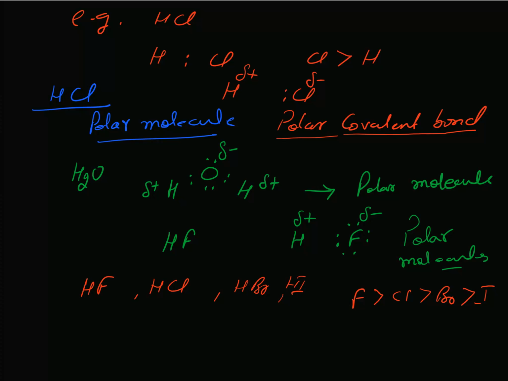The electronegativity of fluorine is 4.0, of chlorine 3.0, of bromine 2.8 and of iodine 2.5. So with a greater electronegativity difference, the polarity also increases accordingly. The value of polarity in HF comes from the dipole moment, and it is 1.78 D. In case of HCl it is 1.07 D. In case of HBr it is 0.79 D, where D is the Debye unit, and 0.38 D in case of HI.